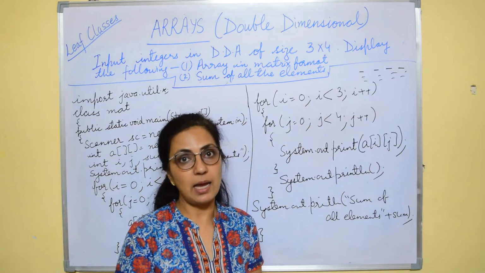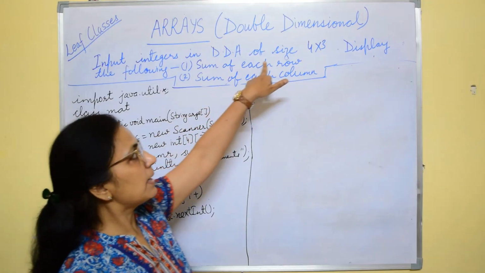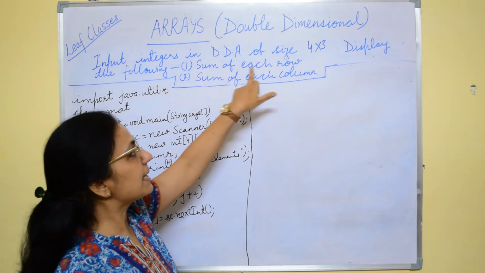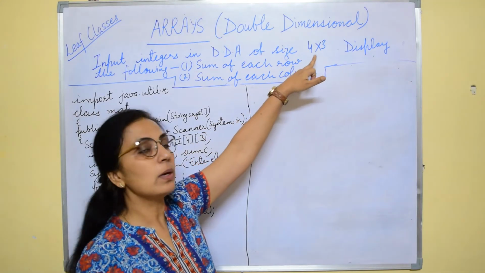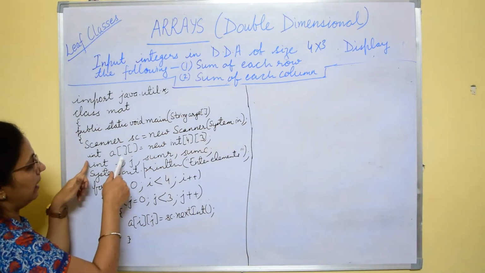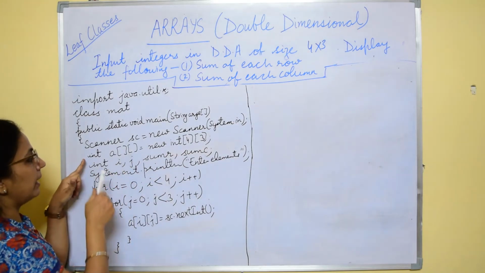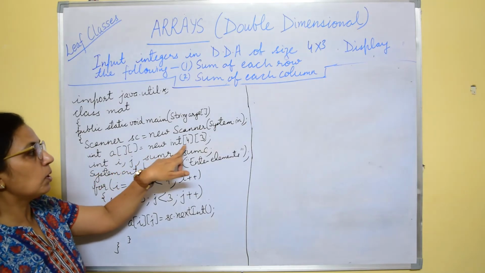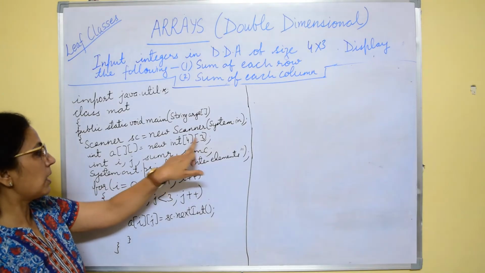Next I am taking a question to input integers in a double dimensional array of size 4 by 3 and display sum of each row and sum of each column. The first task is to input the elements. सबसे पहले हम input कराएंगे, स्कैनर ऑब्जेक्ट से करा रहे हैं। अब इसमें सबसे पहले array declare करेंगे। declaration के लिए int array variable name equals to new int and the size is 4 by 3, 4 rows 3 columns.